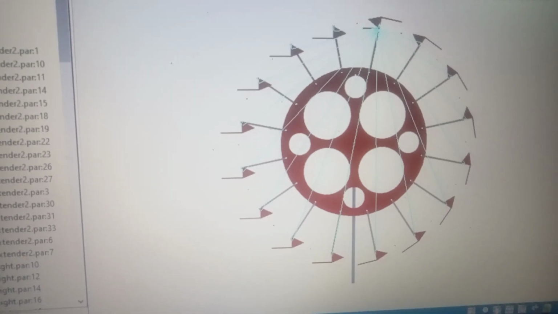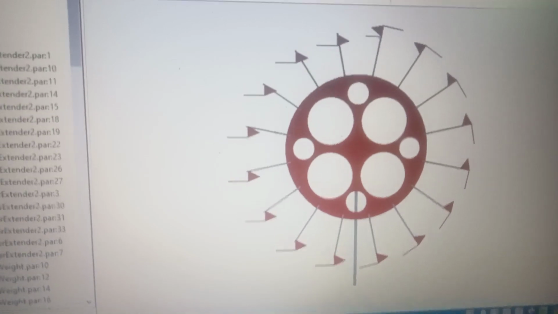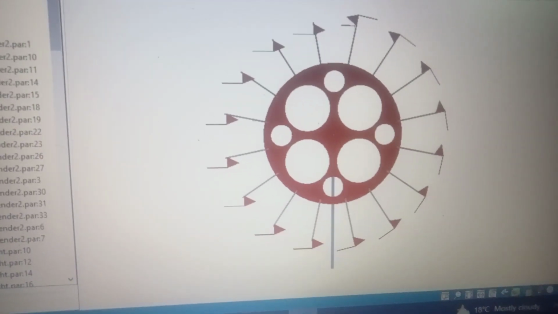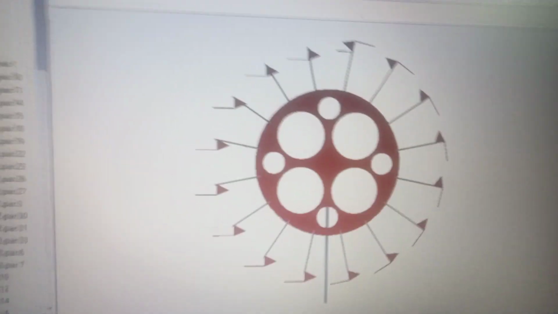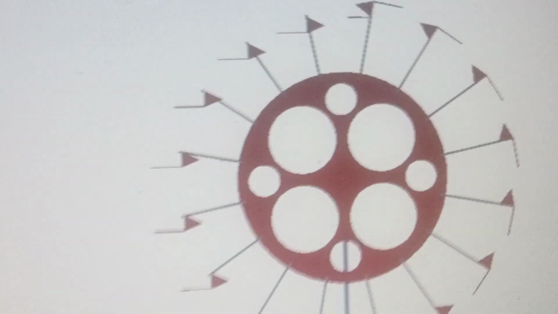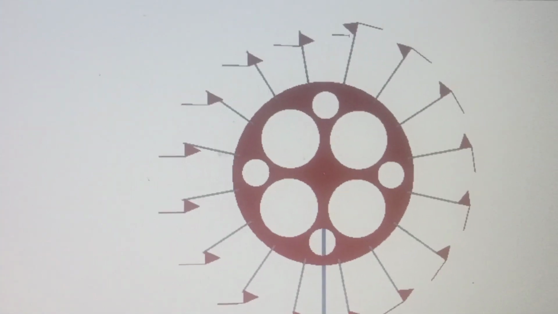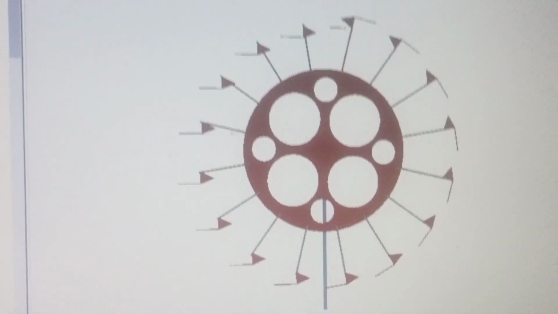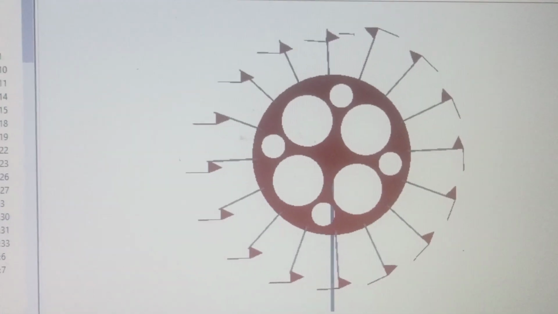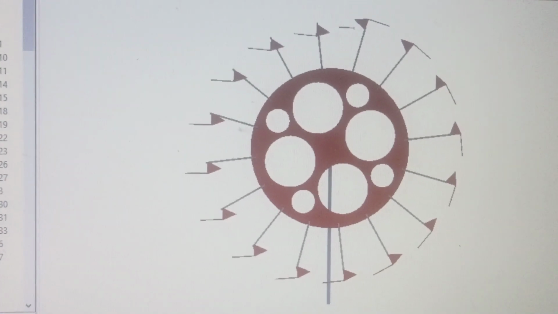So I'll start the simulation, then we count the number of lever arms which are able to be lifted. I have started the simulation and it will start turning very soon. Very soon the wheel has started spinning, and is spinning with good speed. The first lever arm is lifted.